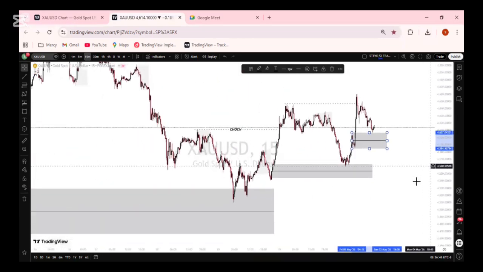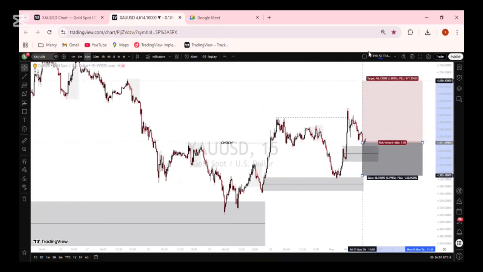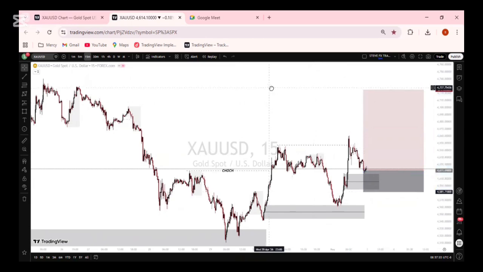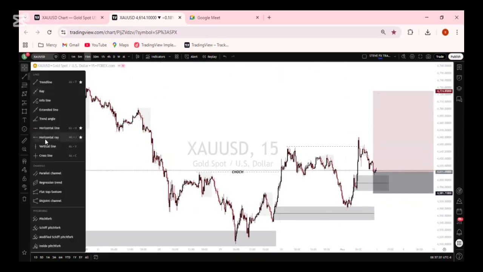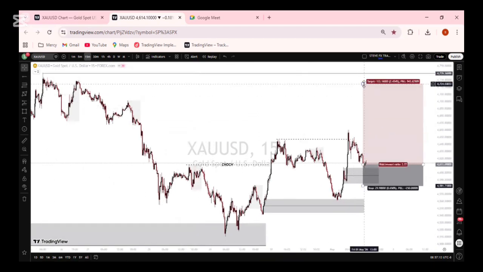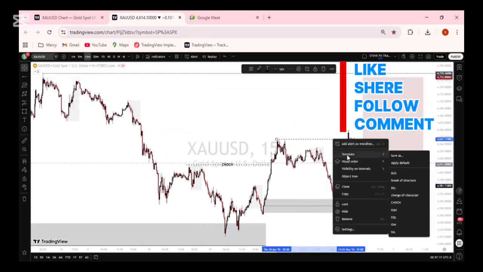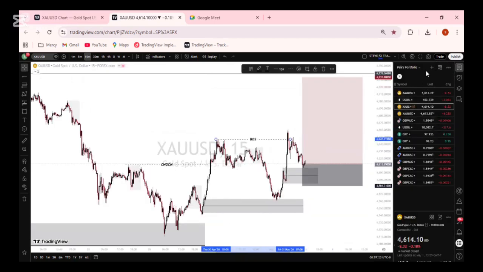On gold, we can then look out for buys, from here to this particular point. That may be our expectation on gold.